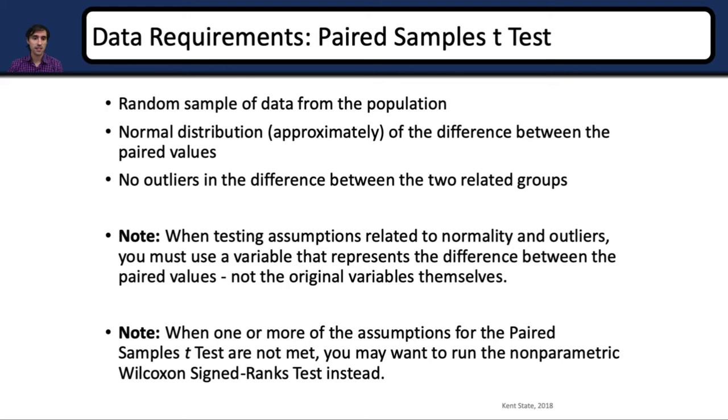So when testing these assumptions of normality and outliers, you must use the variable that represents the difference between the pair values. Although I mentioned the pre-test, what we're talking about is actually the differences.